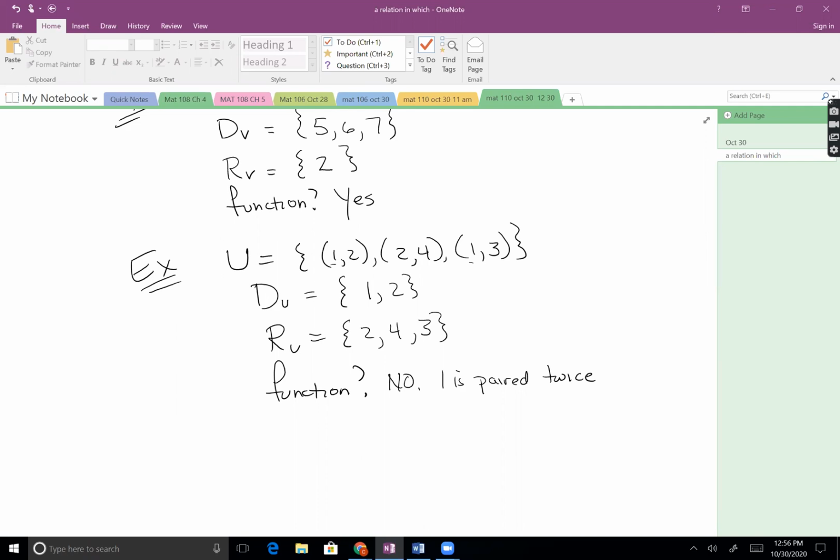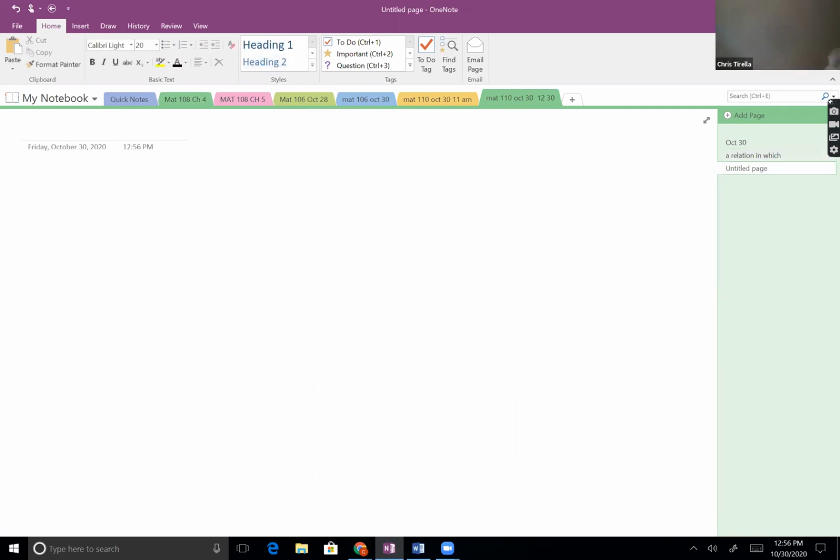Great. Then beyond that, sometimes a function, or in general a relation, is given by an equation.